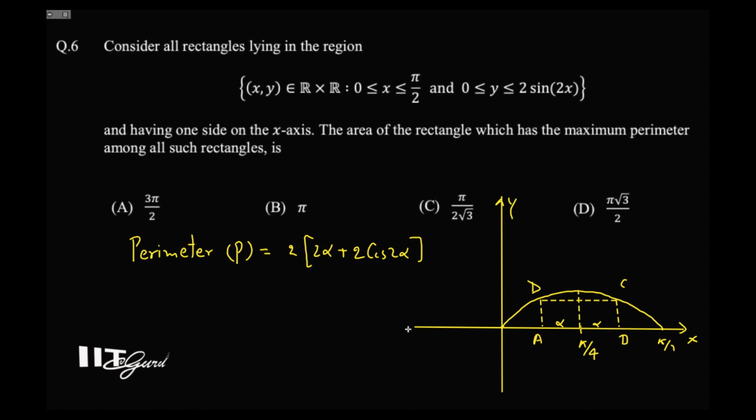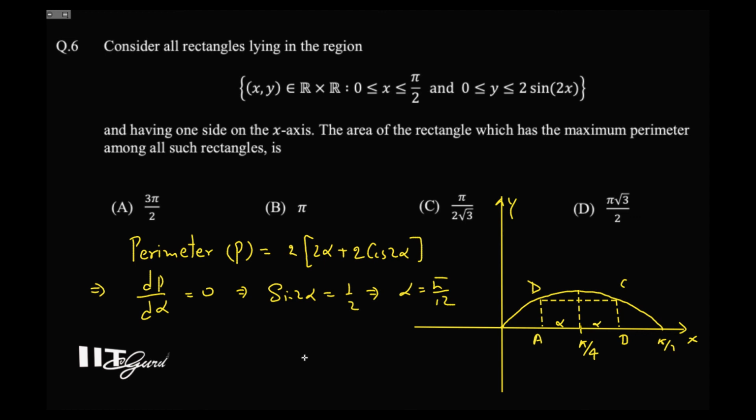Fine. For maximum or minimum, dP by d alpha has to be made 0. Differentiating, we get minus sine 2 alpha, so sine 2 alpha will become 1 by 2, and this implies alpha will become pi by 12.